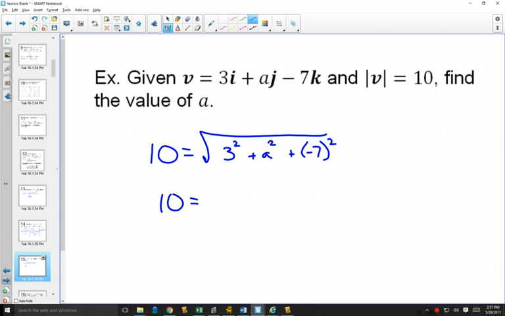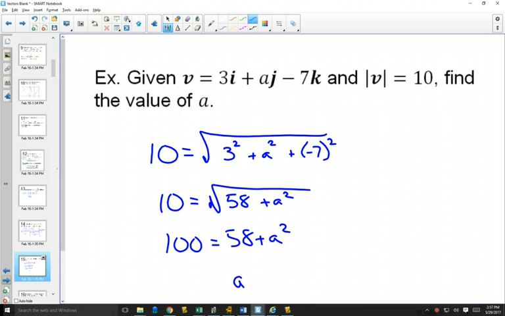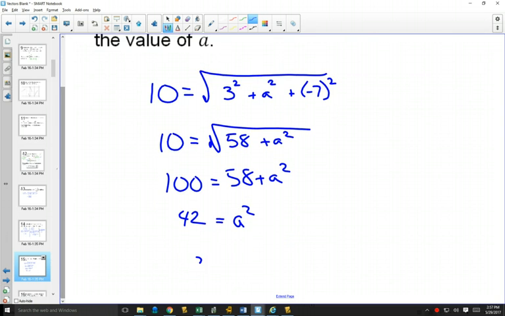So we would have 10 is equal to the square root of 49 plus 9, which is 58, plus a squared. How could I work here? Square both sides. 100 is 58 plus a squared, so a squared is equal to 42. And a could be positive or negative square root of 42.